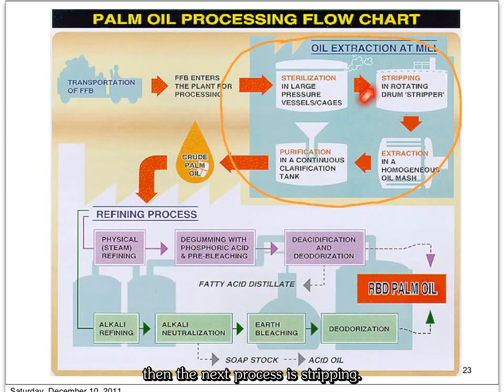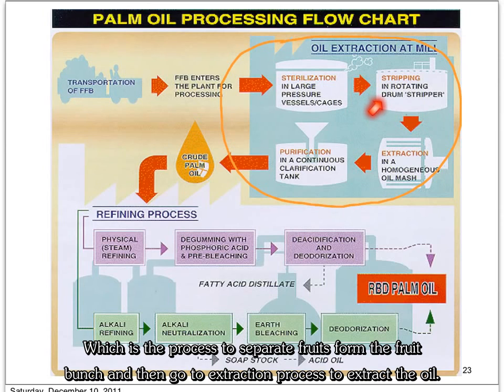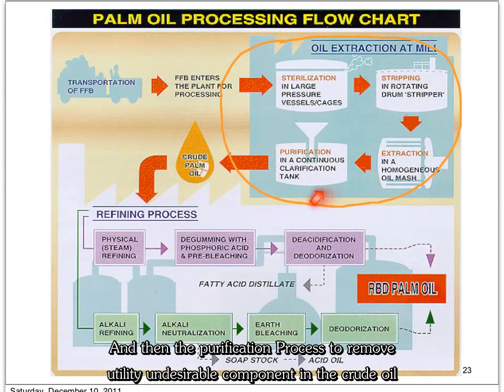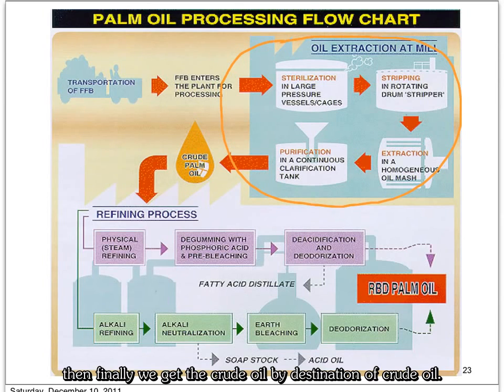Then the next process is stripping, which is the process to separate the fruitlets from the fruit bunch, and this will go through the extraction process to extract the oil, and then the purification process to remove the majority of the undesirable components in the crude oil. Then finally we get the crude oil.